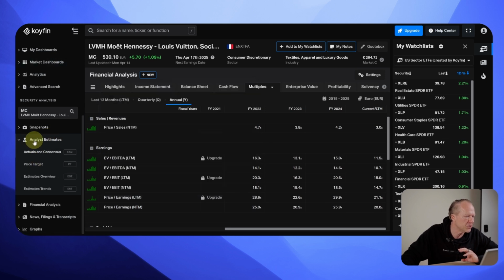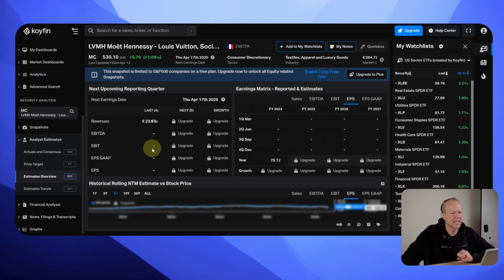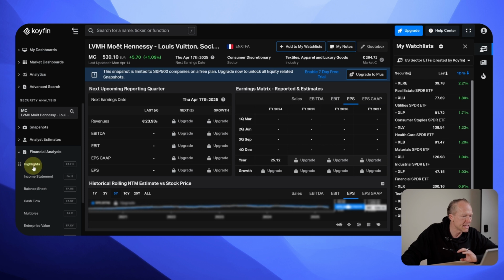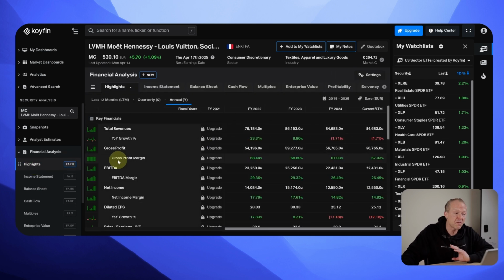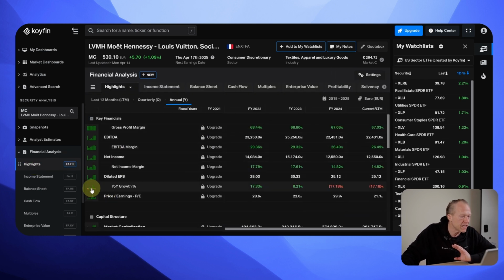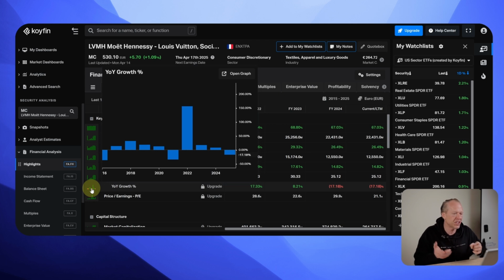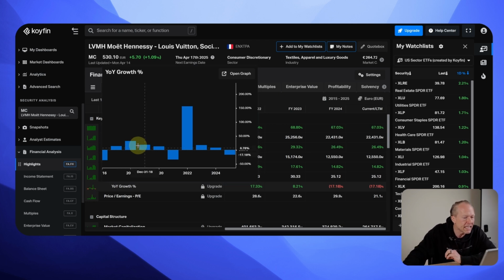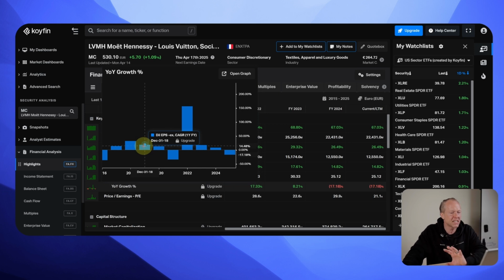But let's move back to, well, we can also take a look at the growth rate for earnings. So we have diluted earnings per share growth rates, and it's a little bit more difficult to see what the typical growth rate has been.